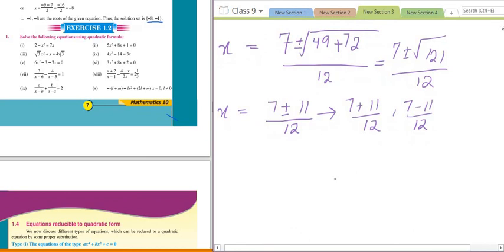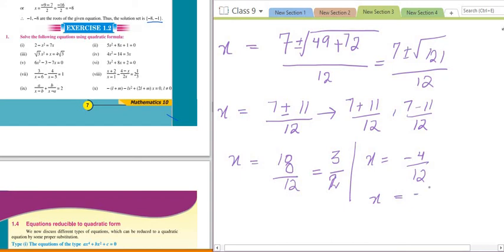So the roots are x equals 7 plus 11 or 18 by 12, which is equal to 3 by 2, and x equals 7 minus 11 is minus 4 by 12, which is minus 1 by 3.